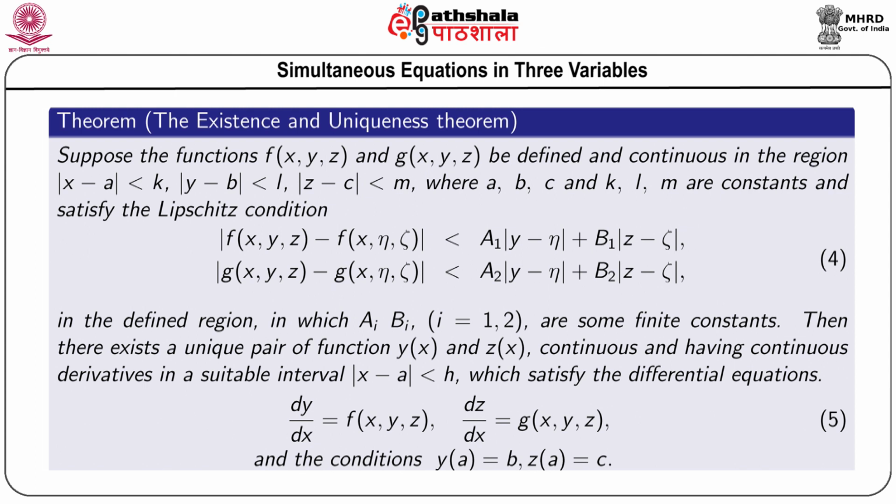So, this is an important theorem regarding the existence of a solution of a simultaneous differential equation. If these conditions are satisfied, then only the simultaneous equation has some solution.